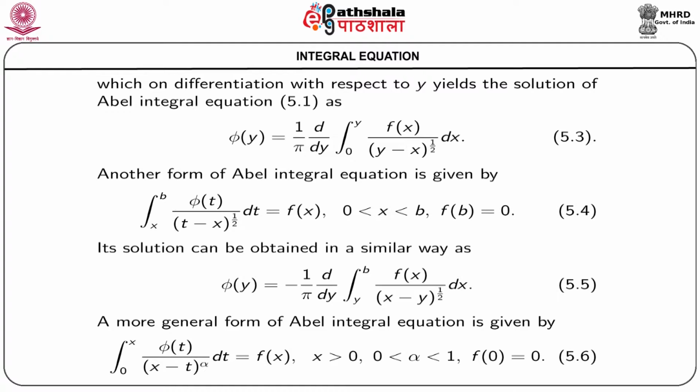So, the solution of this integral equation is given by 5.5, and the difference with the solution of the first type integral equation, that is equation 5.3, is that there is a minus sign before it in equation 5.5.